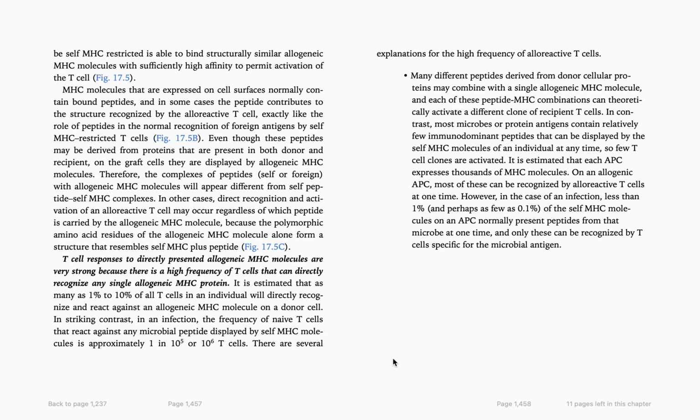It is estimated that each antigen presenting cell expresses thousands of MHC molecules. On an allogenic antigen presenting cell, most of these can be recognized by reactive T cells at one time. However, in case of infection, less than 1%, and perhaps as few as 0.1%, of self-MHC molecules on antigen-presenting cells normally present peptide from that microbe at one time, and only these can be recognized by T cells specific for the microbial antigen.